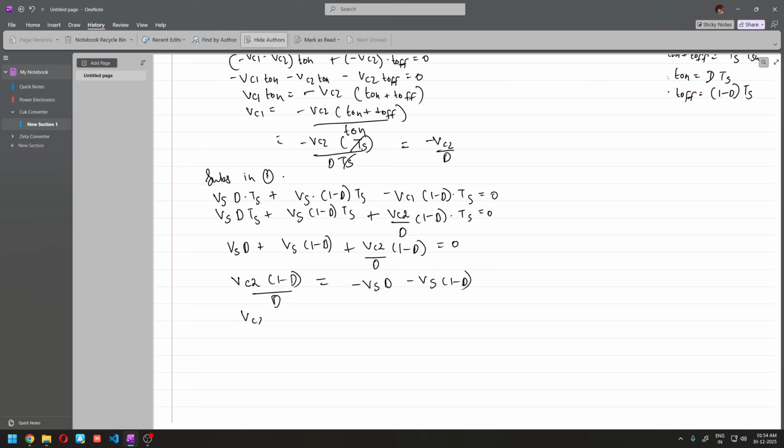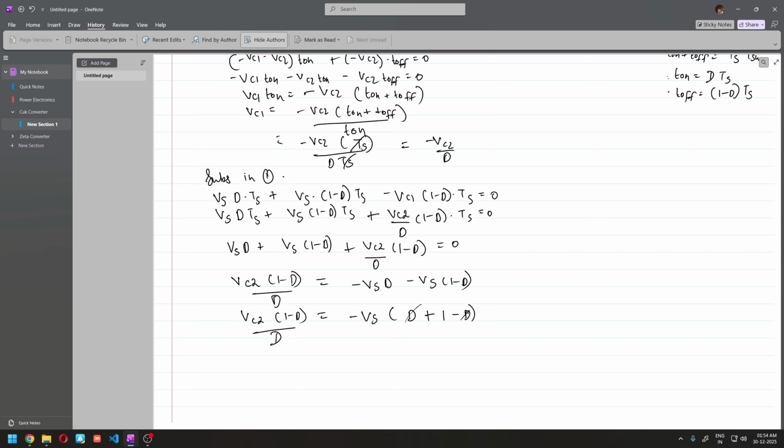Take Vs common. So we can take minus Vs common. So we'll have D plus 1 minus D. And we have to be careful about the signs here. So we took minus Vs out, so now we're safe because we took the minus out. So it's just D plus 1 minus D.